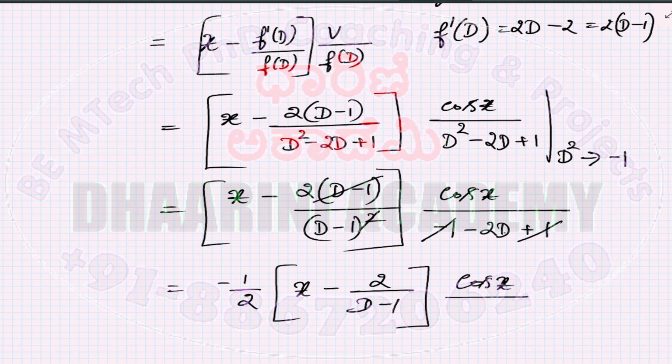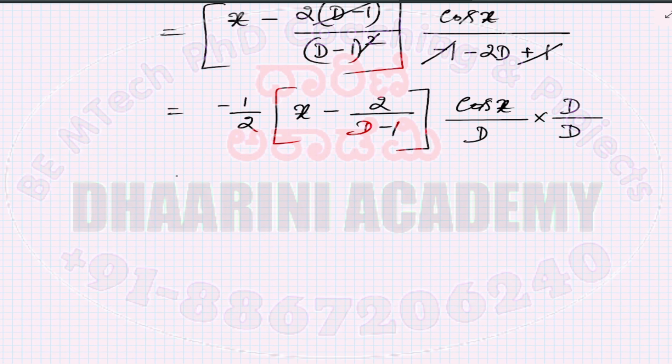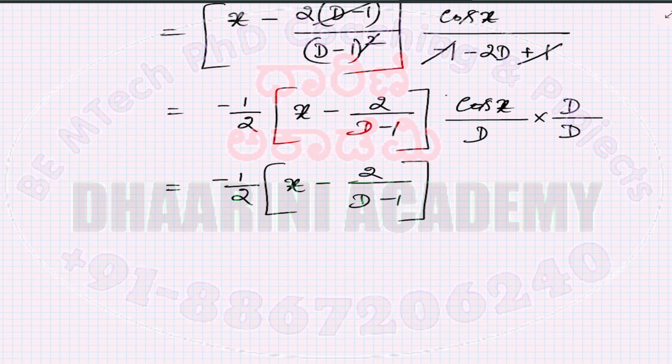I have a D in the denominator. To make it D square, I multiply and divide by D. All right, so what happens? This is minus half into x minus 2 over D minus 1, D of cos x.